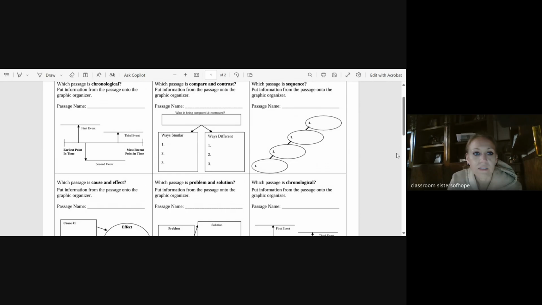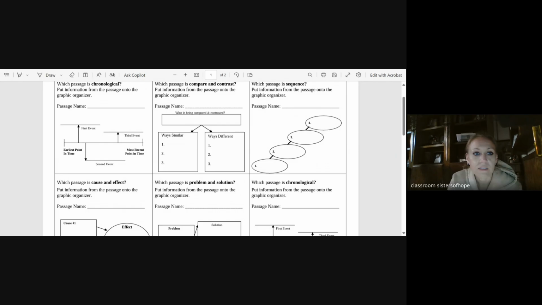All right, so which one of these text structures would you say that is, and what gave you a clue? Or let's look at it the other way around.